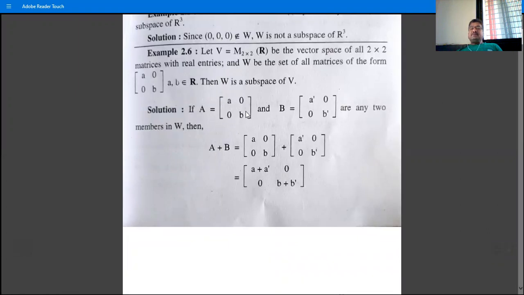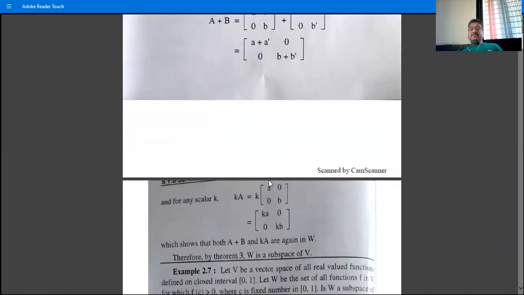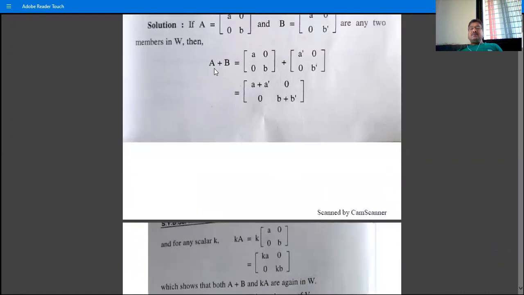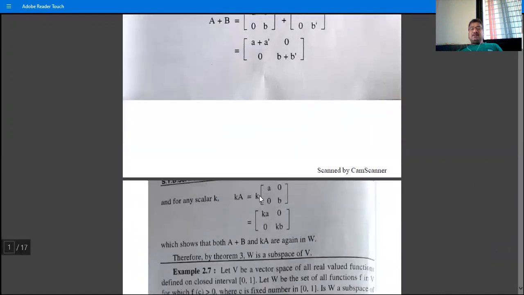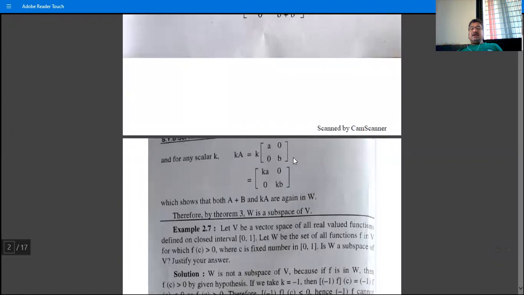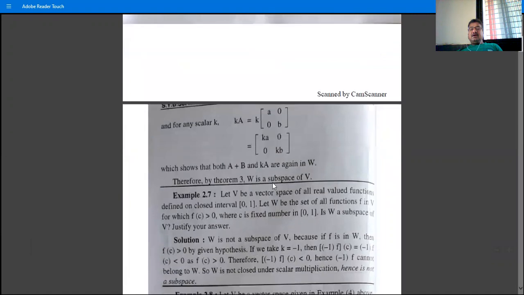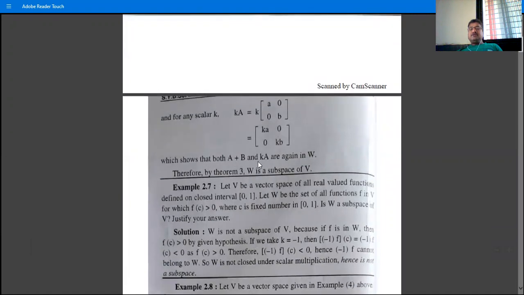We take two elements from W, and their addition is again an element of the same type, so A plus B belongs to W. And then kA, take A as diag(a, b), then kA is again an element of W. So we show that both A plus B and kA are again in W, and therefore W is a subspace of V.